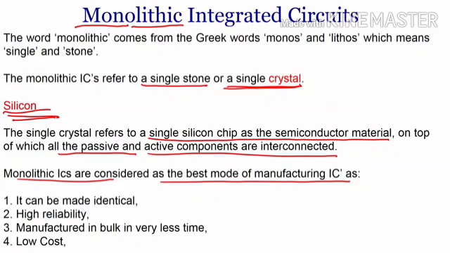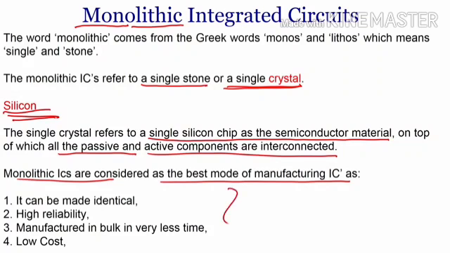First, they can be made identical, which is really good. They are highly reliable, and they can be manufactured in bulk in very less time, and when manufactured in bulk in very less time, it results in low cost.